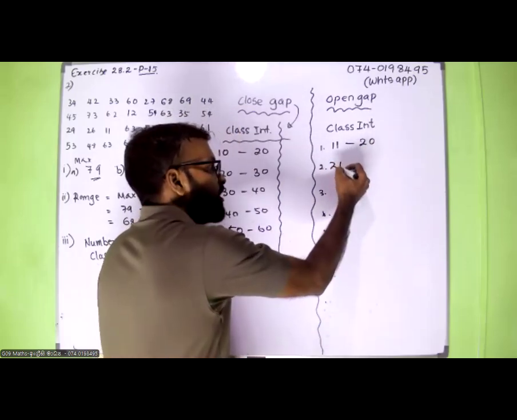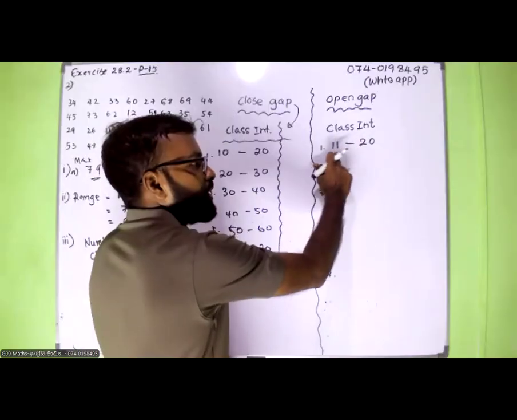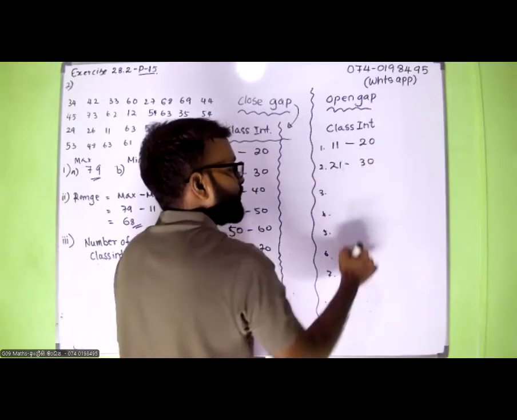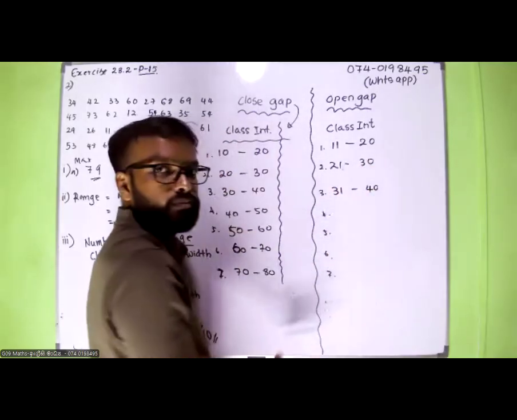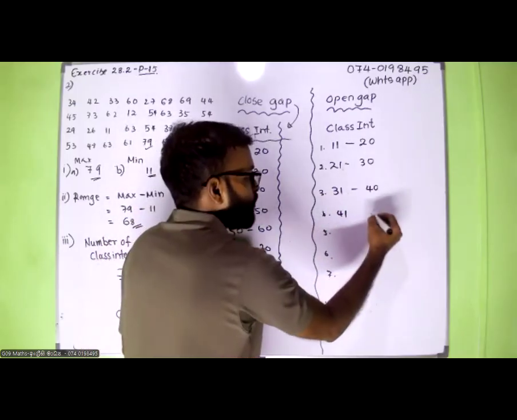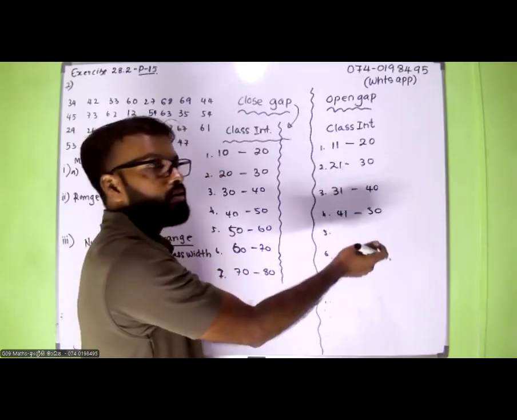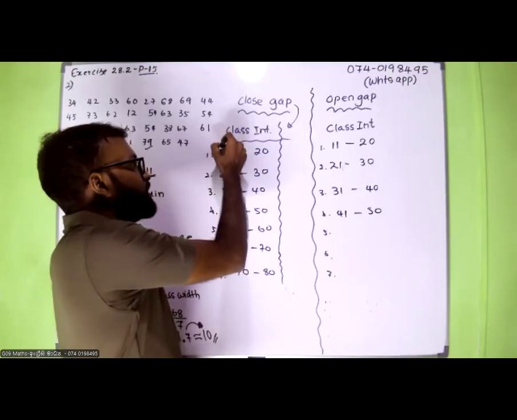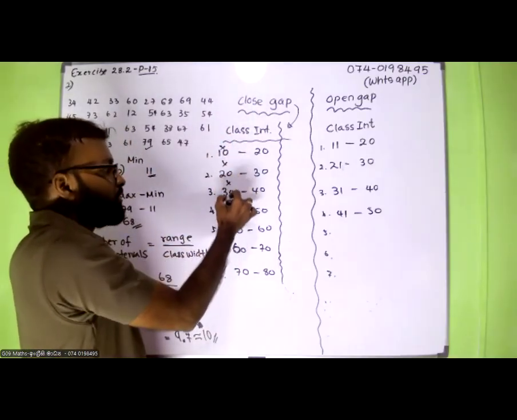Then you have 21. If you observe the pattern, 21 to 30, 31 to 40, 41 to 50. 10 values in each. But in the close gap, this is not included.